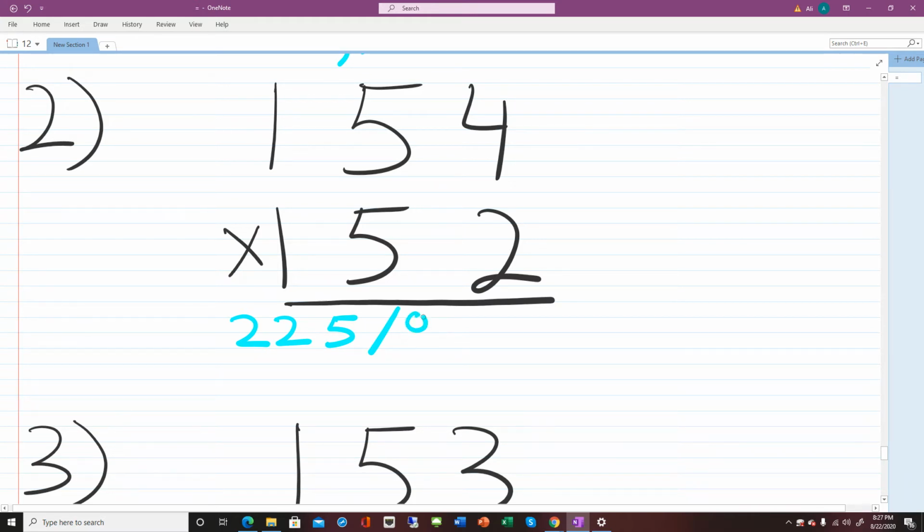Or you can just know that 15 times 6 is 90. And then 4 times 2 is 8. So right to left now, keep the units digit, carry the tens digit. 8, keep the 0, add the 9 to the 225, so it's 234. So 23,408. Okay?